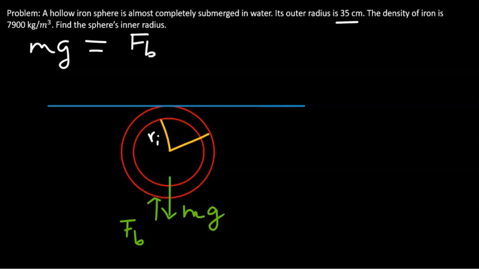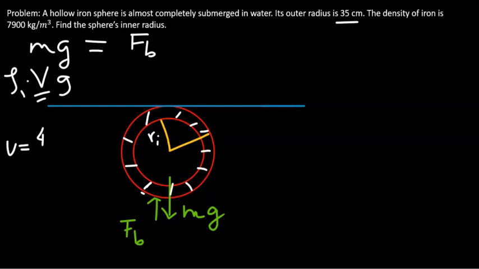The mass of that hollow iron sphere is given by the density of that iron times the volume of that hollow sphere, and to get the weight, you multiply that with gravitational acceleration. Now keep in mind, this volume of that hollow iron sphere is due to that part of that sphere. And we can easily calculate that.